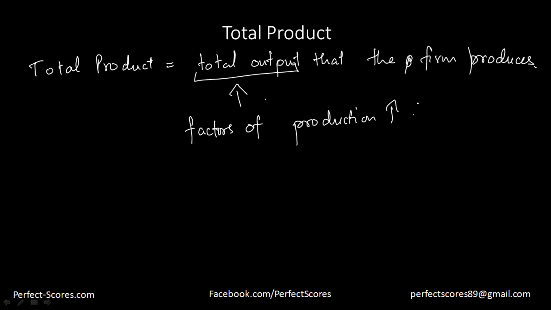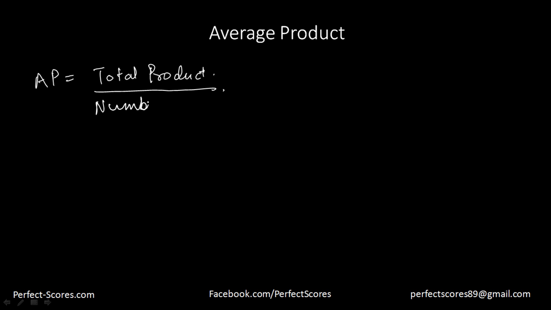Now, since this is total product, let's define average product. What do you mean by average product? It's equal to the total product divided by the number of units of the variable factor.